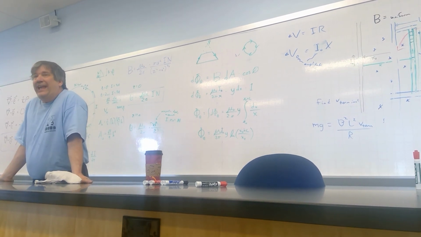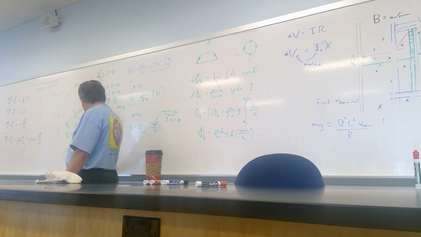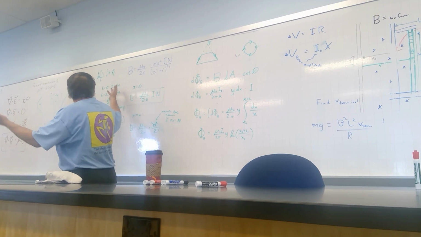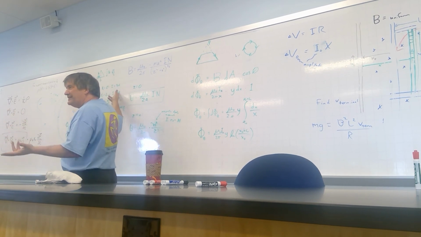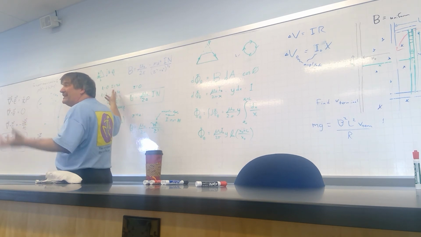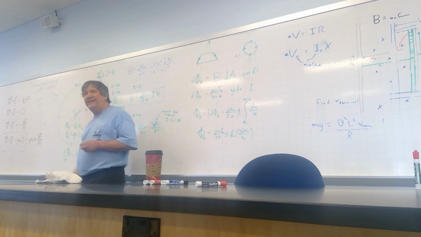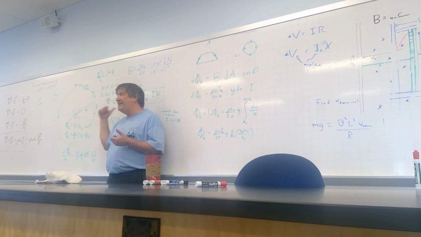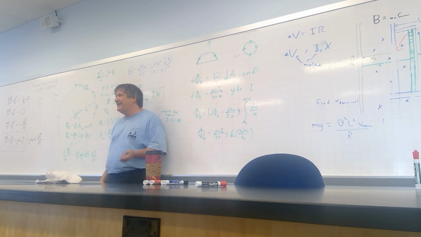That could be changing. And here, the most common function you'll see that lets the current change with respect to time is, although in this case I didn't use it, I just said the current's changing at a steady rate, an AC current where I is I naught cosine omega t.